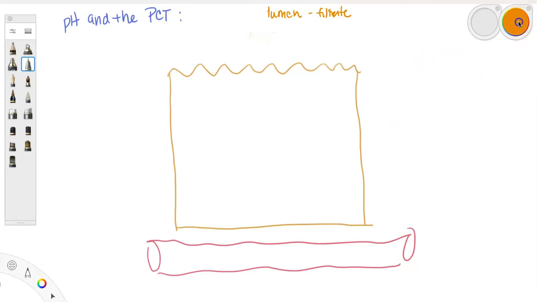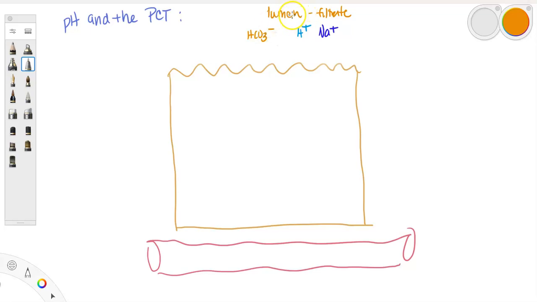And in the filtrate, we're going to see, of course, sodium. We're going to see hydrogens. And we're also going to see, let me put this too, sorry, bicarbonate.